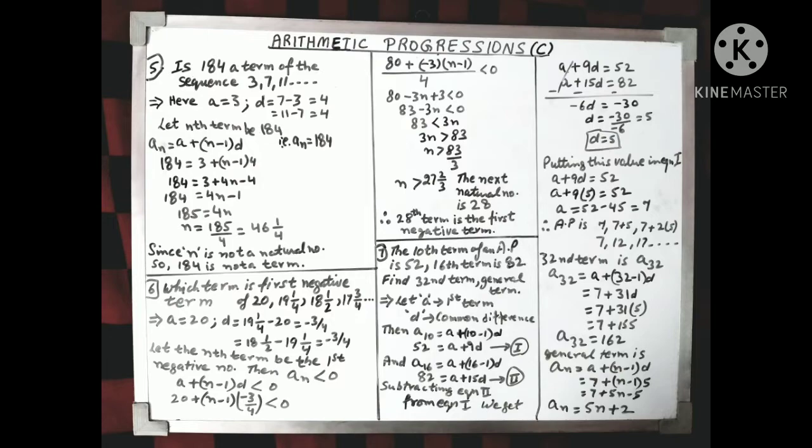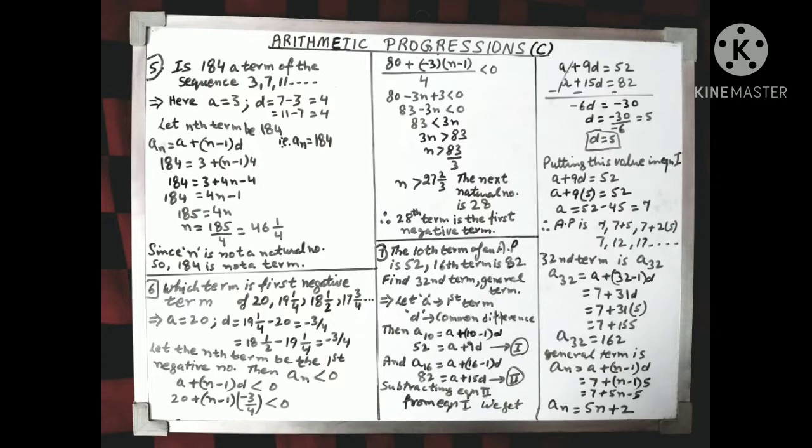So we will proceed as follows. Let A be the first term and D be the common difference. So using the formula for the general term, we will have A10 is equal to A plus 10 minus 1D, that is 52 is equal to A plus 9D.